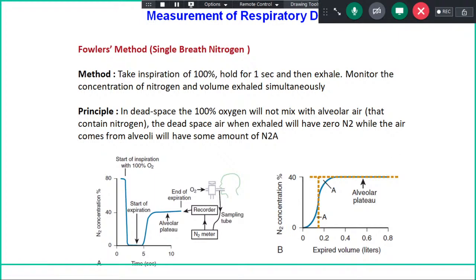This is done by taking a single breath of 100% oxygen, which is why it is called the single breath nitrogen method. After a single breath, we measure the nitrogen in the expired air. The person is asked to take an inspiration of 100% oxygen. So when he is inspiring, only oxygen is coming in, because it is 100% oxygen.